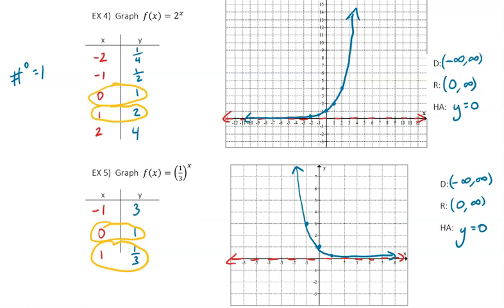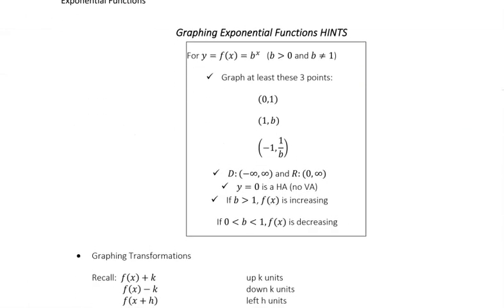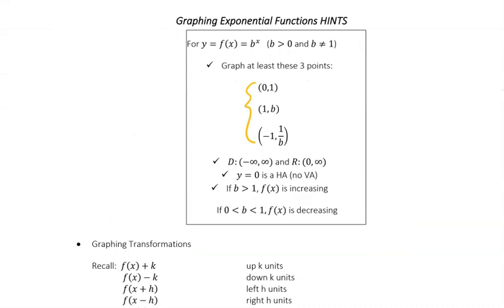Lastly, -1 is the other easy one to do because it just means to flip it upside down. So we had -1, 1/2 and -1, 3, just from flipping that base upside down. All right, so those are the 3 points that we're going to be working with.